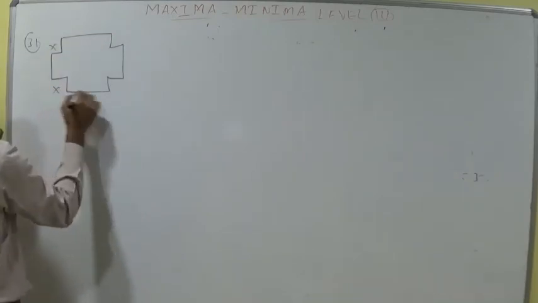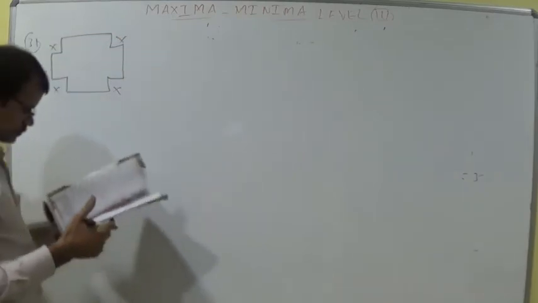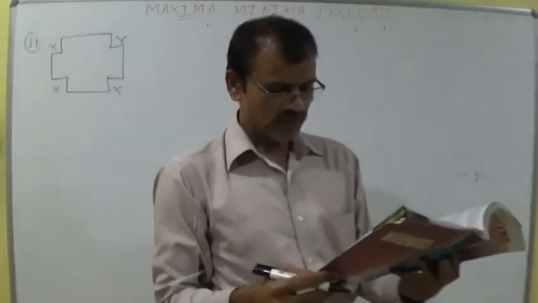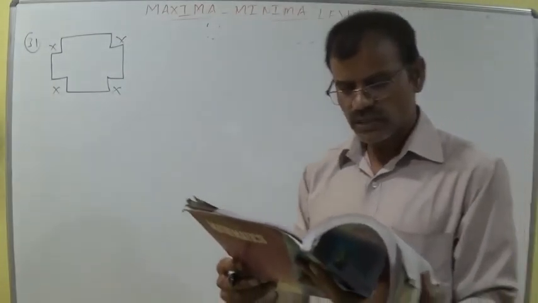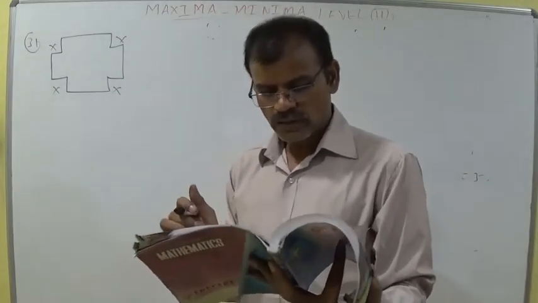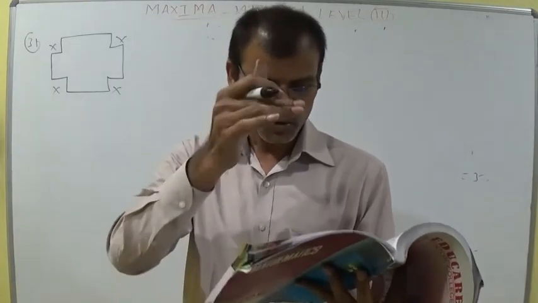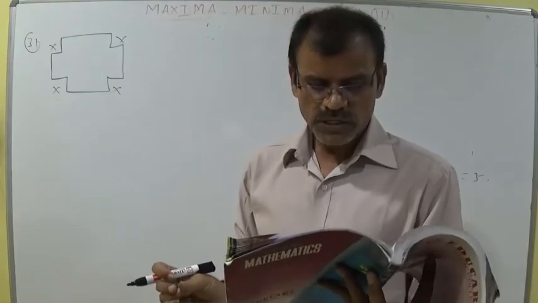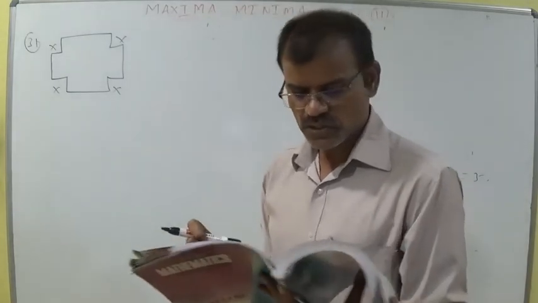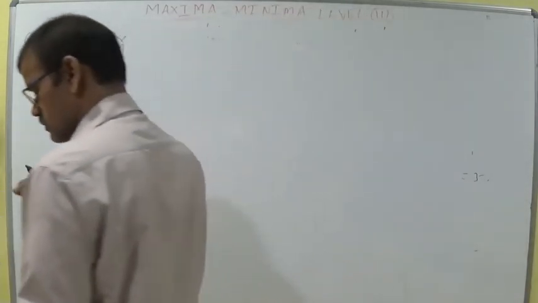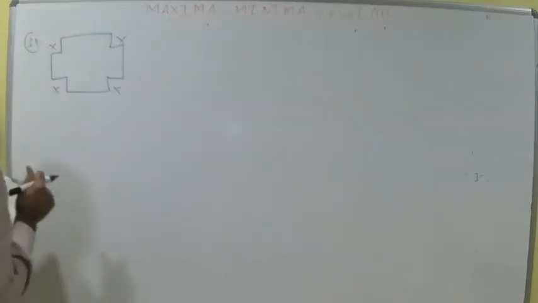A box is made from a piece of metal sheet 24 centimeters square by cutting equal small squares from each corner and turning up the edges. If the volume of the box is maximum, then find the dimensions of the box.